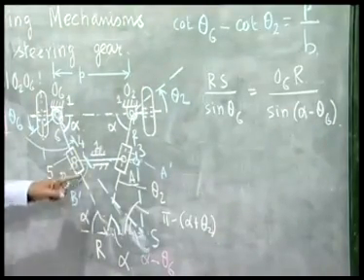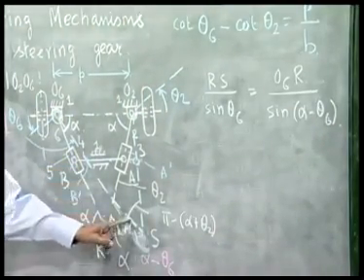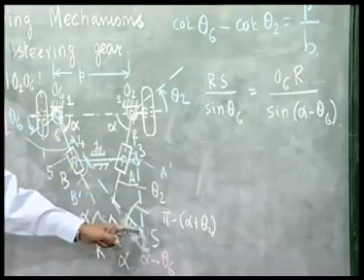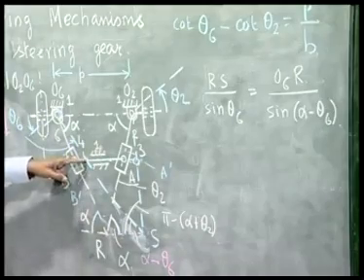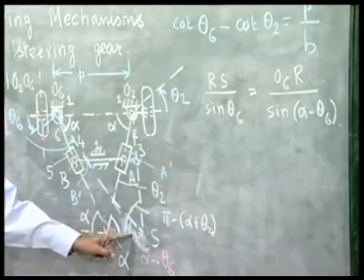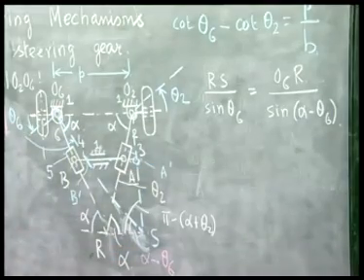This angle is alpha, this angle is theta 6. So, this angle is alpha minus theta 6. Now, in this triangle, we apply the sine law. RS by sine of theta 6 is O6R divided by sine of alpha minus theta 6.